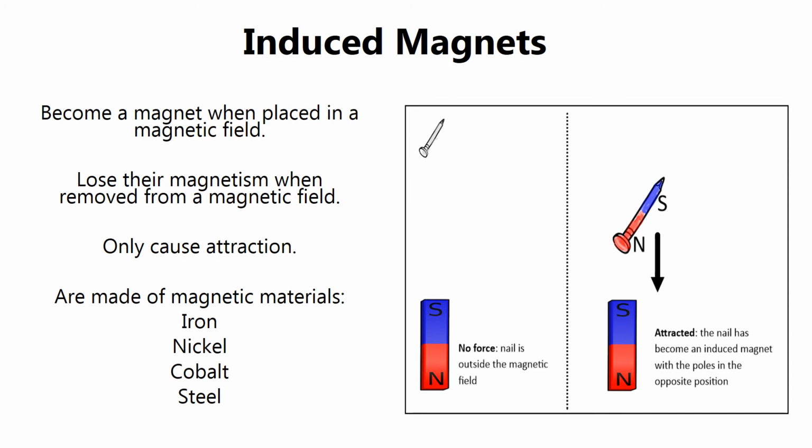So if, for instance, we were looking at my nail here that was an induced magnet, if I then turned it around so that my north end was pushing against the north end of my magnet here, so this north end, and put it on this end, you wouldn't get the repulsion.